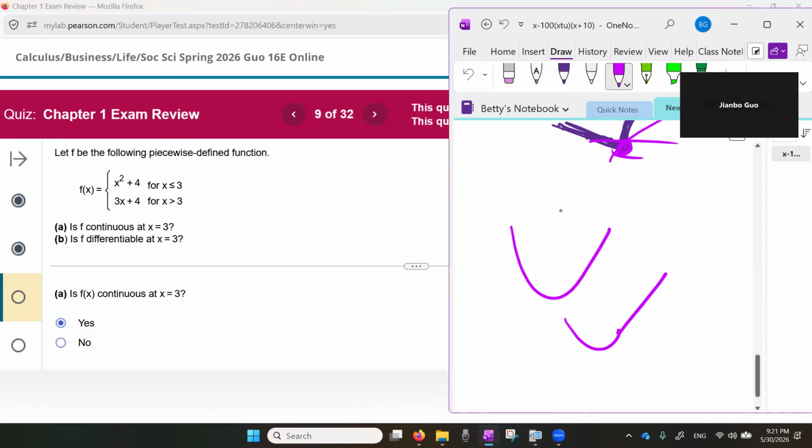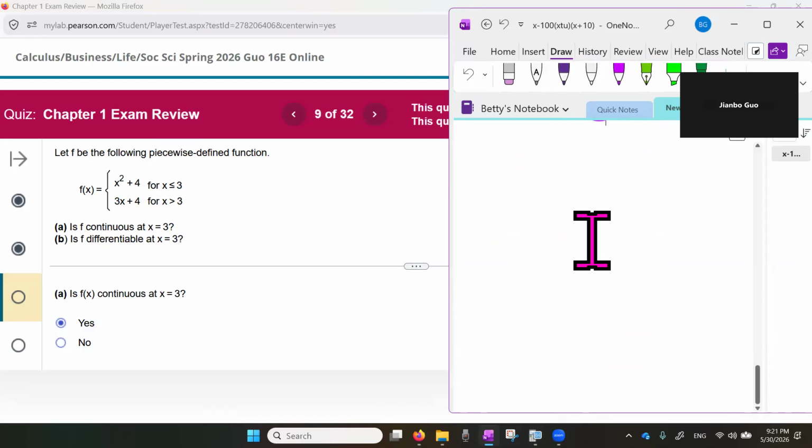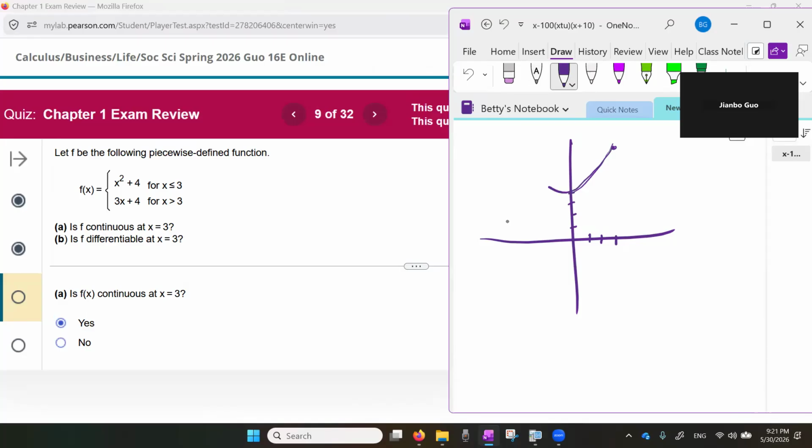Let's draw the graph for this piecewise function. At x equals 3 the value is 13, so around here. x squared plus 4, something like this. And 3x plus 4.